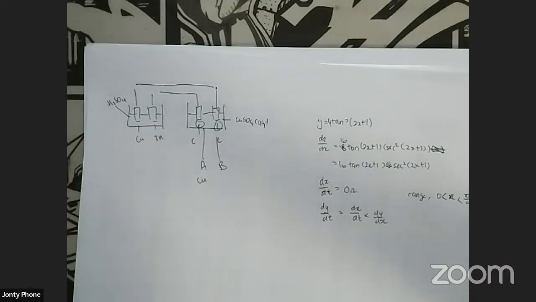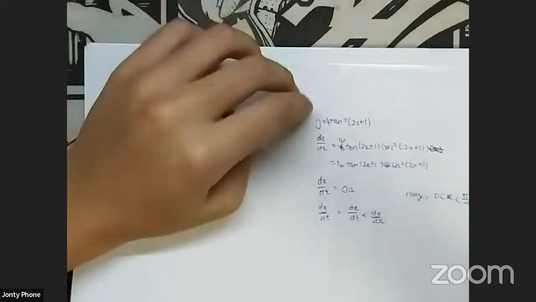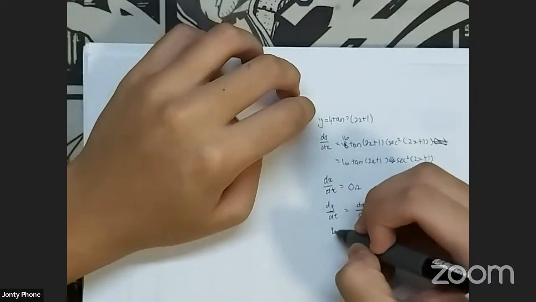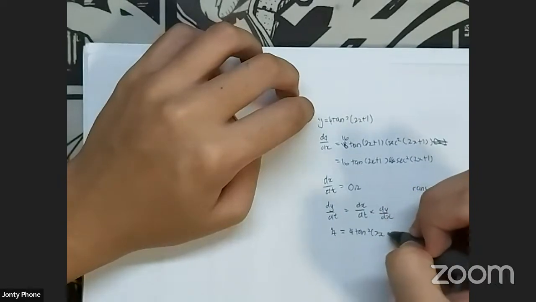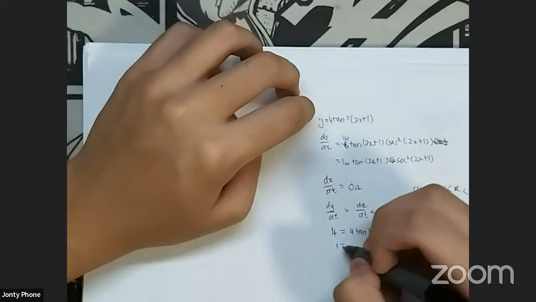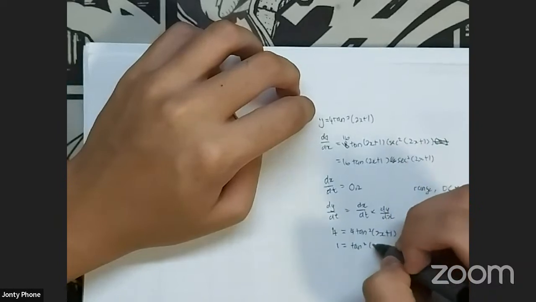Now they give you y equals 4. What's the problem? Did you try to use y equals 4? Yeah, nice. And the range will come into play here, lah. Just like trigo.